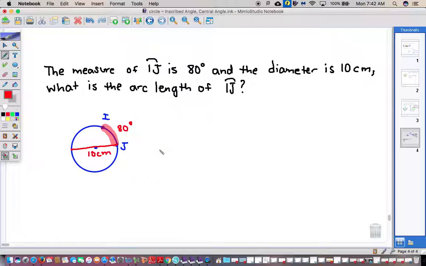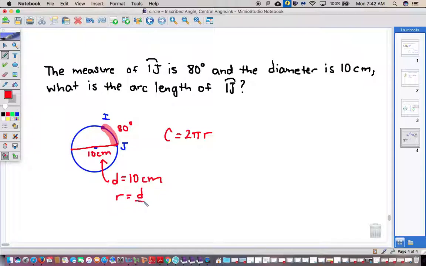Okay, well, I need to recall that when we're talking about arc length, it's a part of the circumference, so let's find that circumference. Now, my circumference has the equation of 2 pi r, and what's given to me is the diameter. I know the diameter is 10 centimeters, so I need to convert my diameter into a radius.